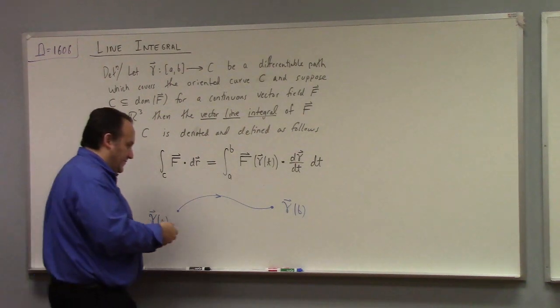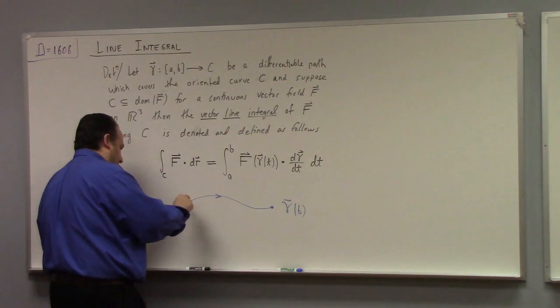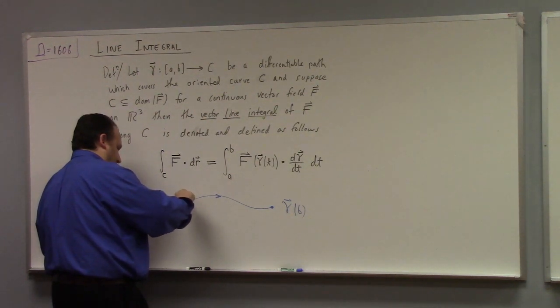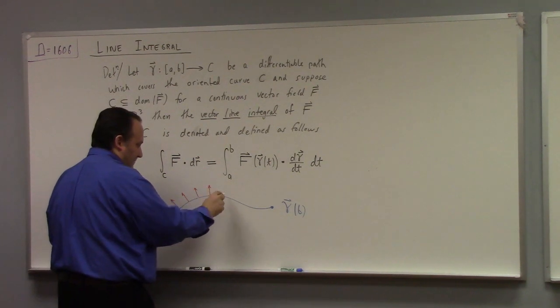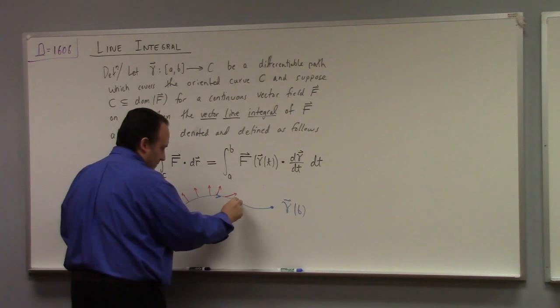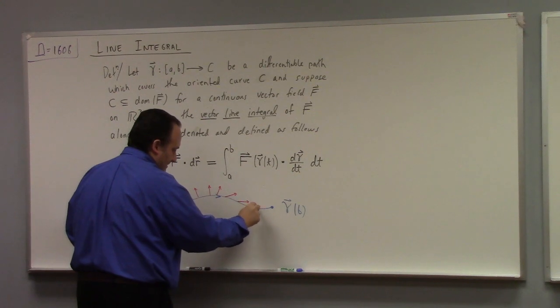Who knows what the vector field looks like, but let's say it looks like this, and then it kind of bends over like that.